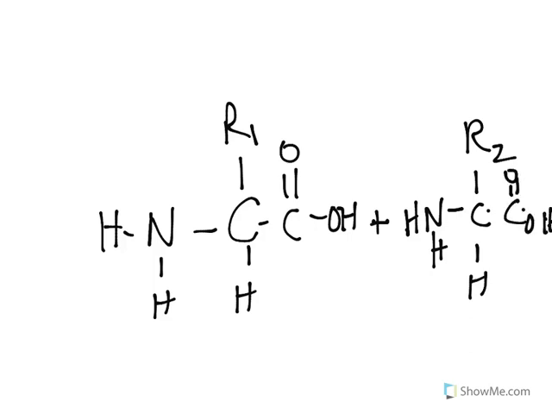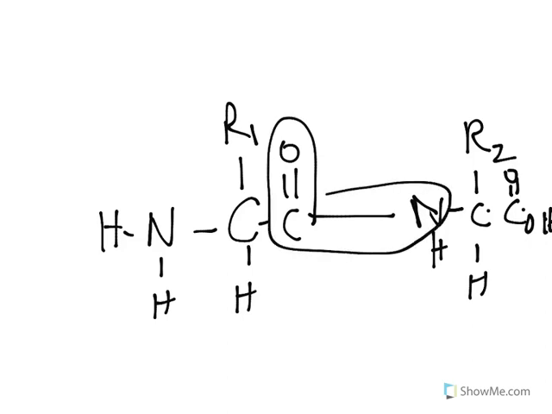If we form a molecule of water through a dehydration synthesis reaction, we would remove this molecule of water, and what we form is the peptide bond. And the peptide bond would then be found between this carbonyl group and the nitrogen.